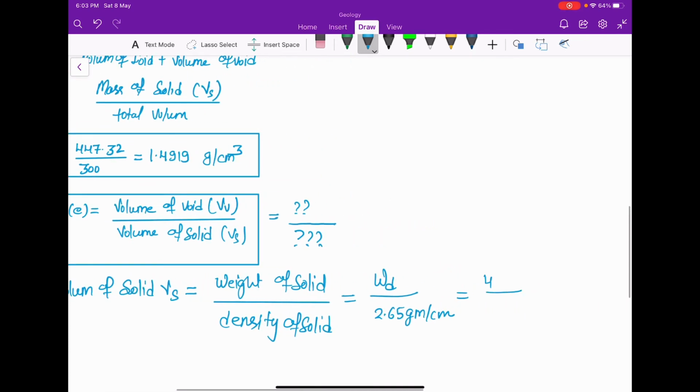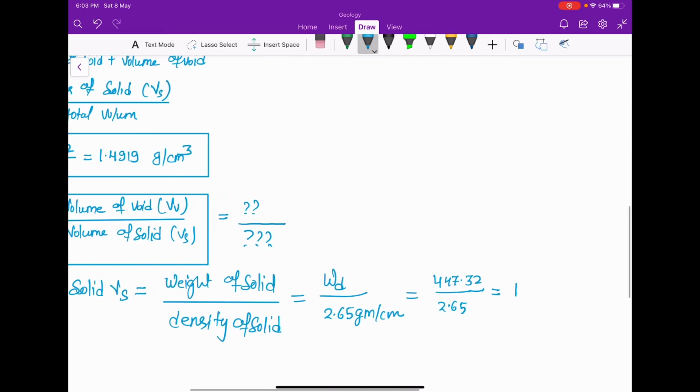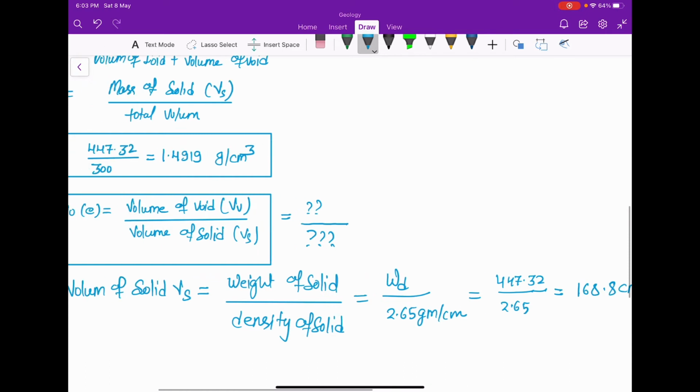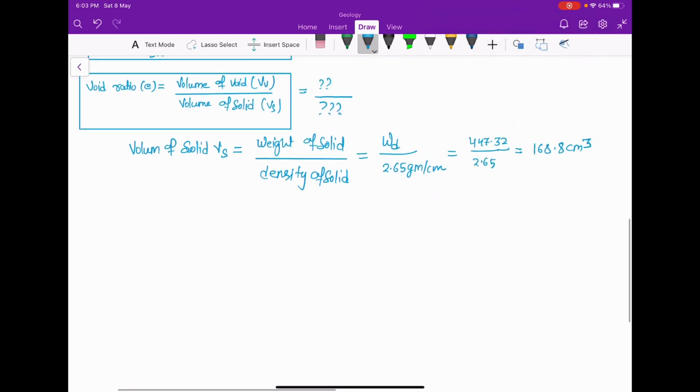So 447.32 divided by 2.65 is equal to 168.8 centimeter cube. This is the value of the volume of solid.